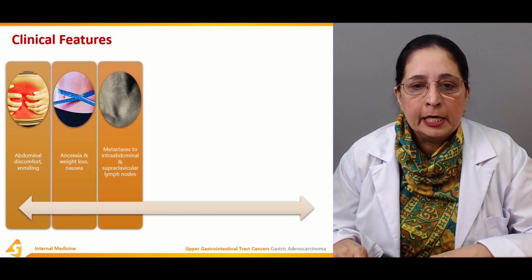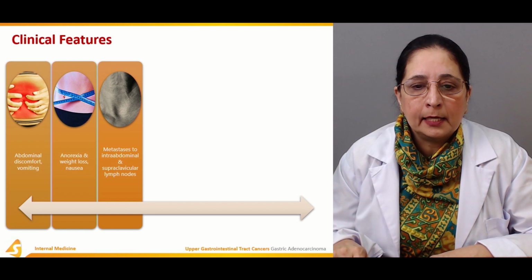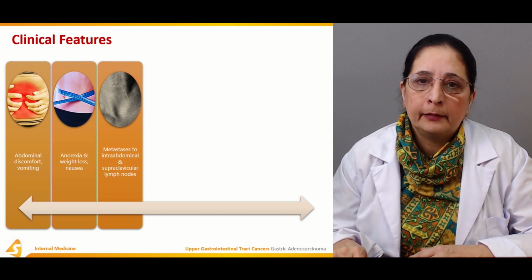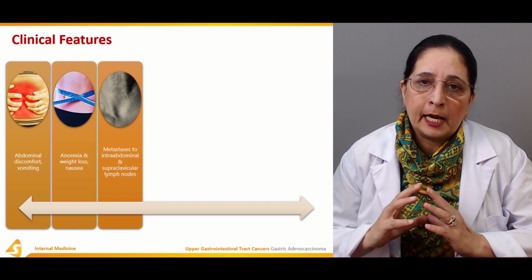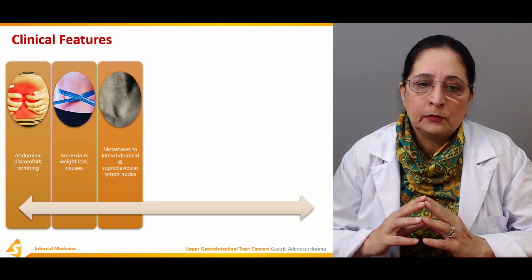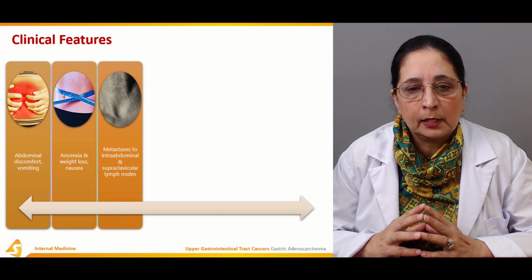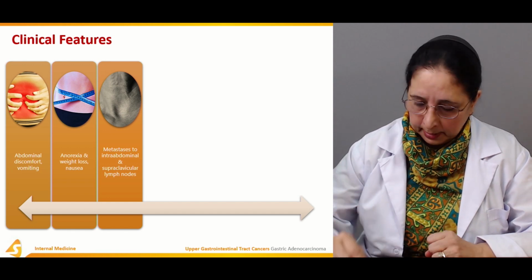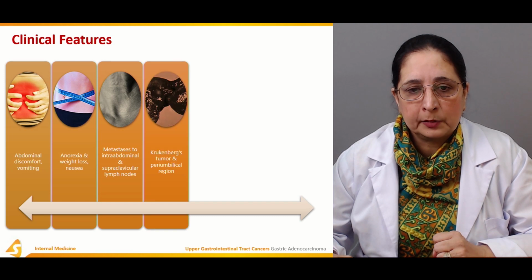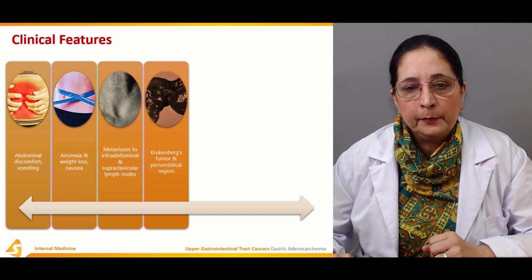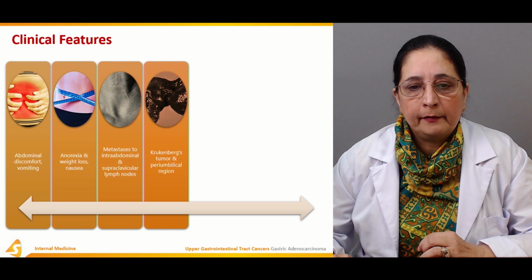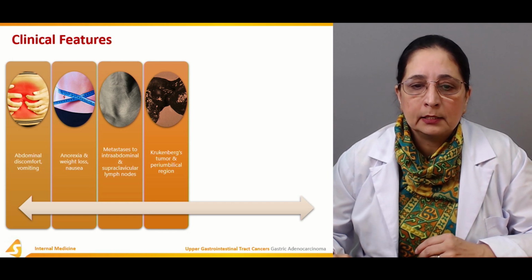Metastasis to intra-abdominal and supraclavicular lymph nodes. So the site of metastasis is to the intra-abdominal and supraclavicular lymph nodes, the site of spread. Krukenberg tumor and periumbilical region is involved.